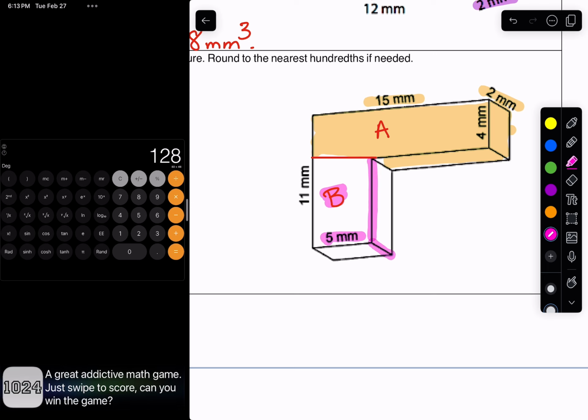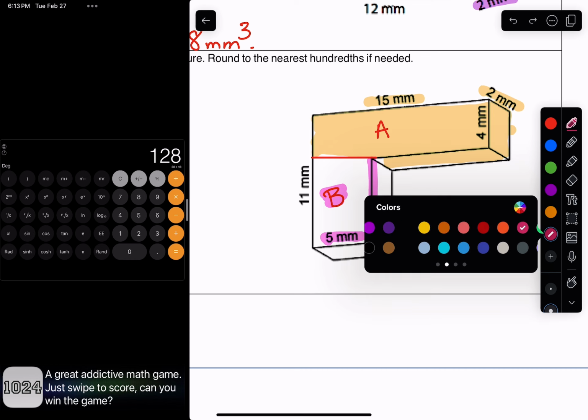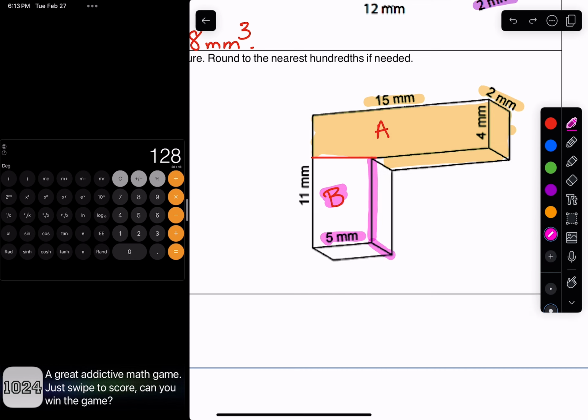So looking at the thickness, it doesn't change throughout the figure, so we can just use the same one as the top one. That's going to be 2 millimeters thick, right? So you can put 2 millimeters there. And my height is going to be 11 minus 4.